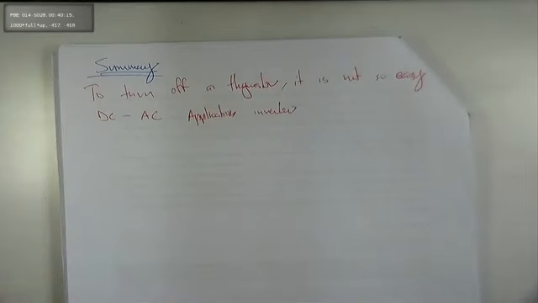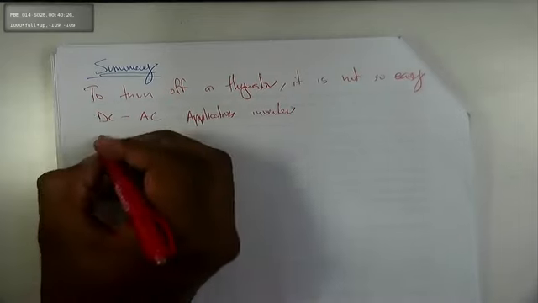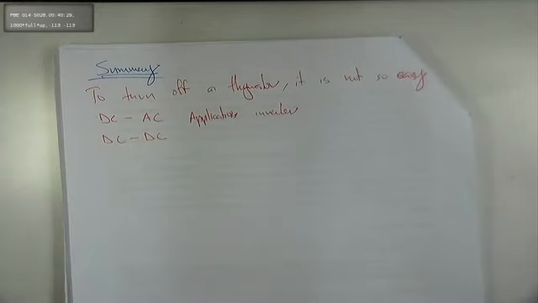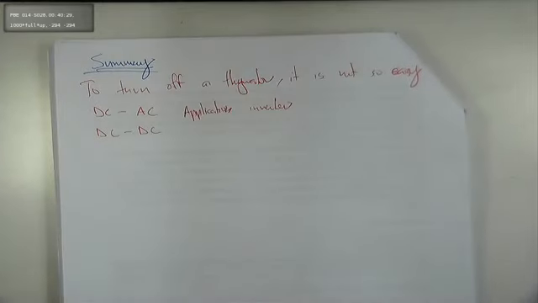We can also use it as a DC-DC converter, right, chopper? So DC-DC application also works as long as the input is DC. The thyristor is okay. Oh, sorry, it's the other way around. Yes, AC to DC.